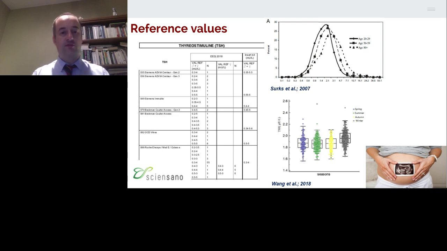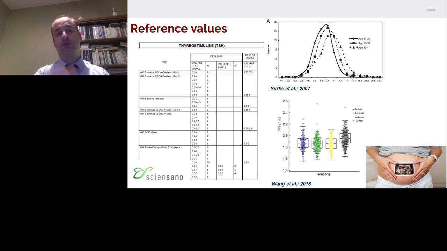Back to the factors of variability, there is the question of the inter-method variability, and as already mentioned, the question of reference intervals. We need to adjust for pediatrics, where the value might be a bit higher than in the adult, and there is also the need to adjust for the age.